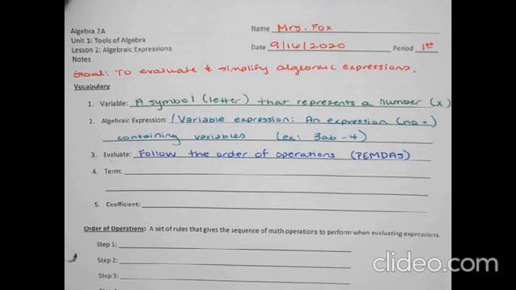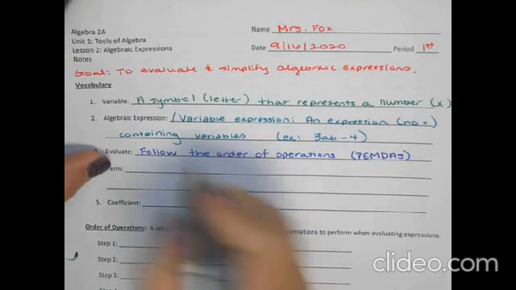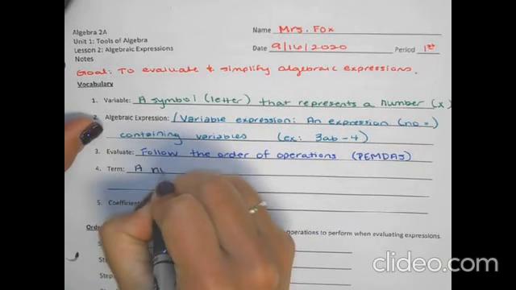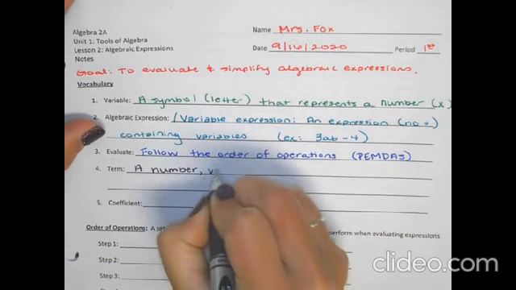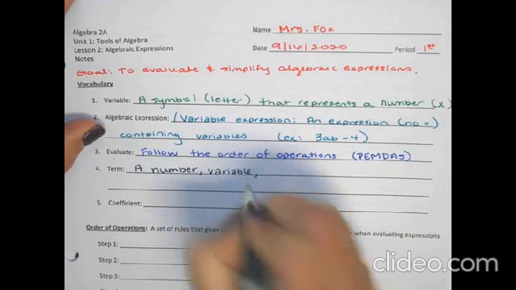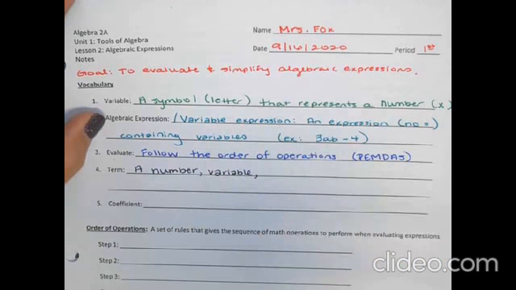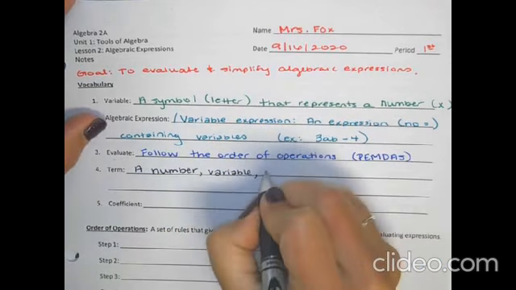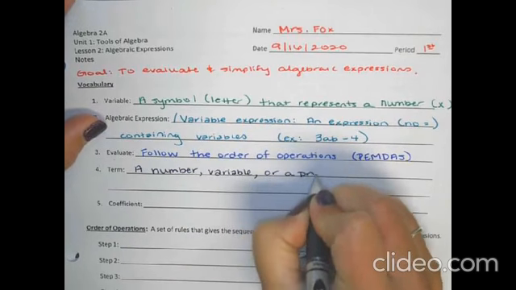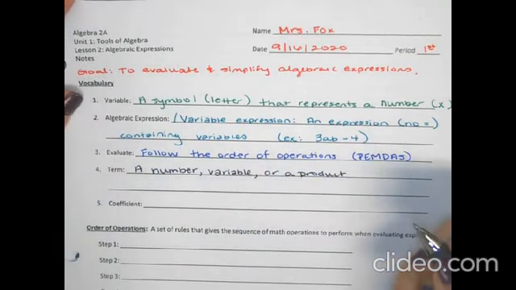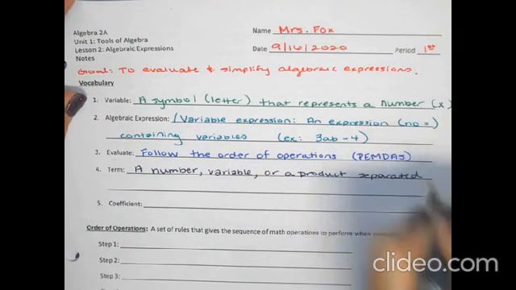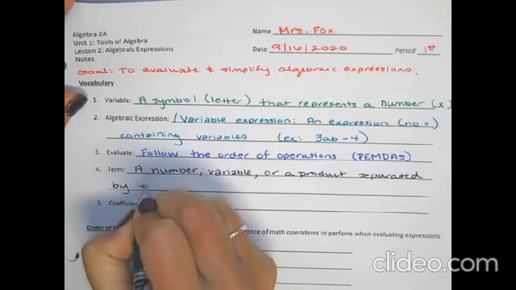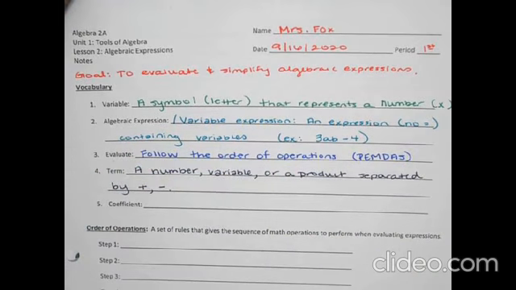Okay. A term is going to be a number, it could be a variable, or it could be a product, meaning multiplication of the two, separated by either a plus sign or a subtraction sign.